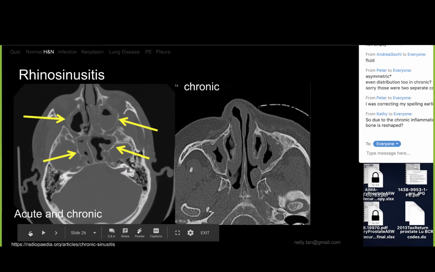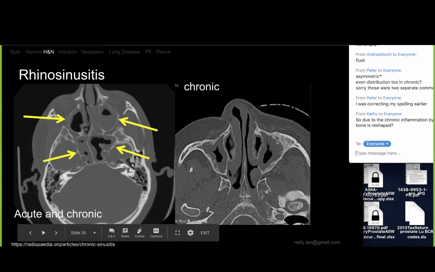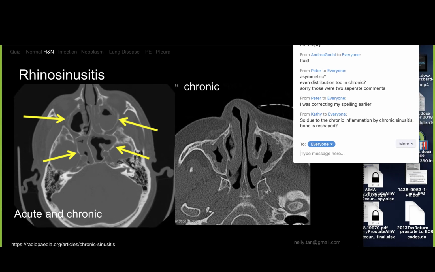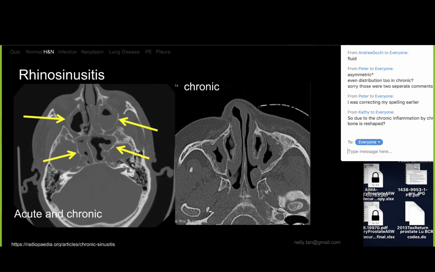Okay, so Kathy had a question. The question is, due to chronic inflammation, is the bone reshaped? The bone reacts. So you get new bone formation. You see this little irregular bone. So it starts to react to the chronic inflammation.